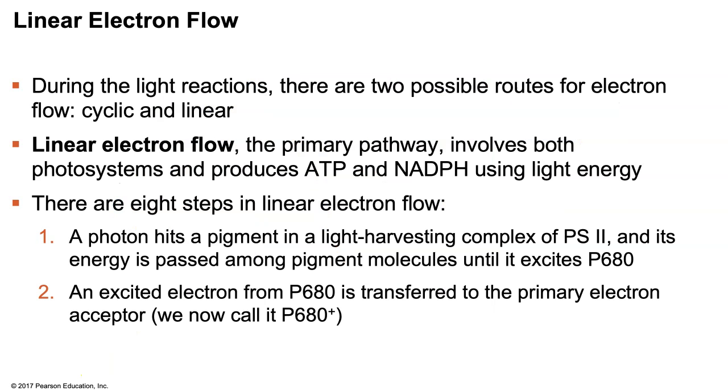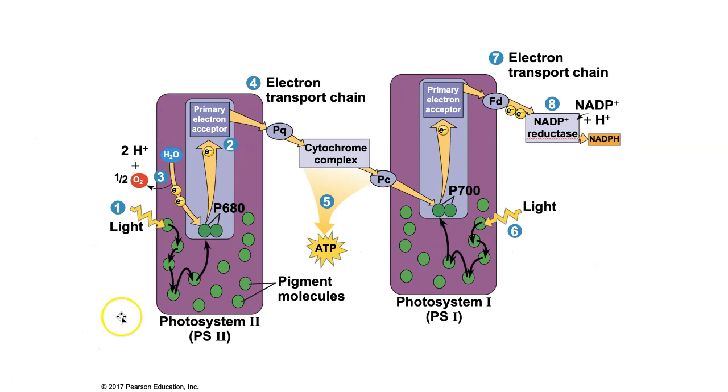Step 2, an excited electron from P680 is transferred to the primary electron acceptor, which now we call P680+. So that ball of energy, that photon, its energy, right? What it does is it excites an electron, and that electron absorbs that energy, and now we have an excited electron.